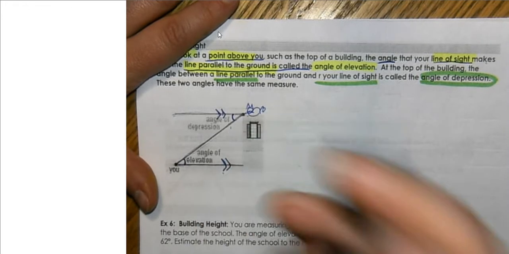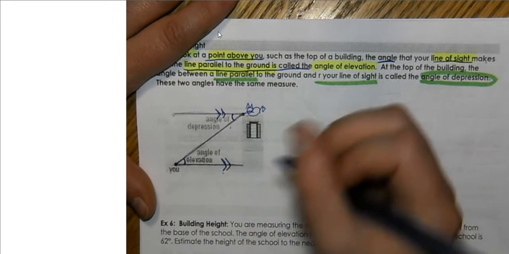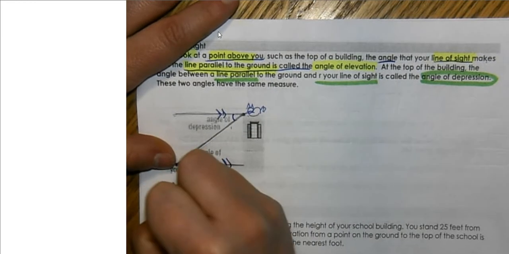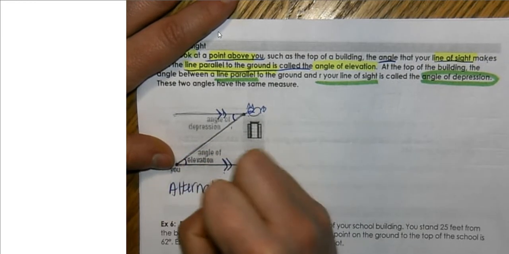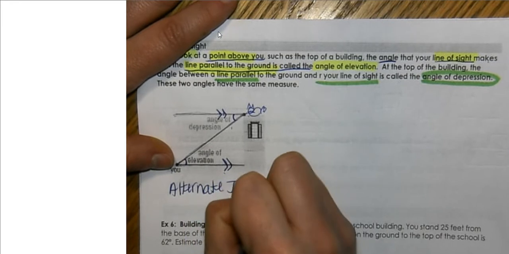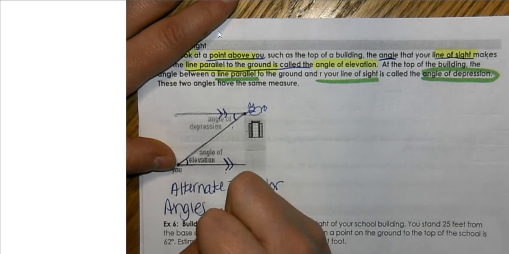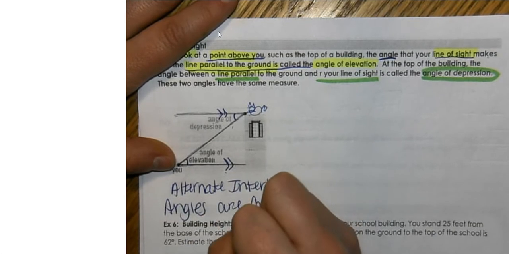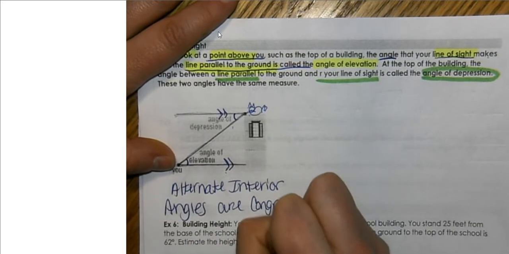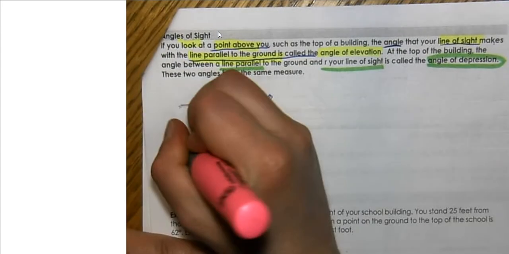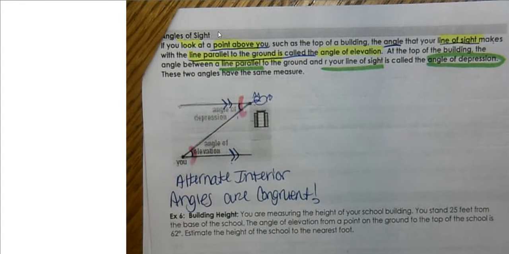And if we put our geometry brains back on, the reason why they have the same measure is because they are alternate interior angles. And we know that alternate interior angles are congruent. Congruent means that they have the same measure, and these two angles are alternate interior angles.